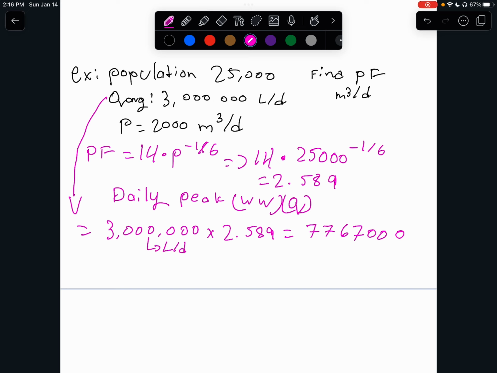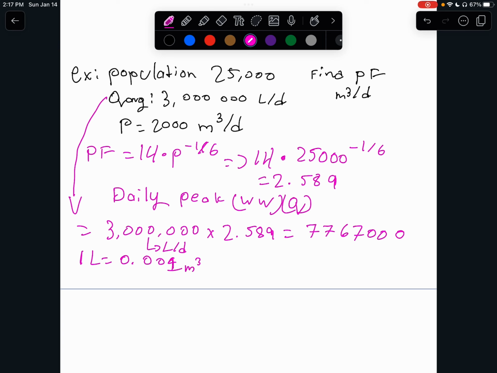So when we convert the units, we'll make sure we have a unit conversion. So what do we do for liters per day? What we can do is use a calculator online as well. So if we do liters to meters cubed, the conversion rate is 1 liter equals 0.001 cubic meter.